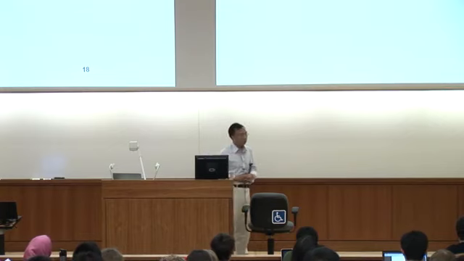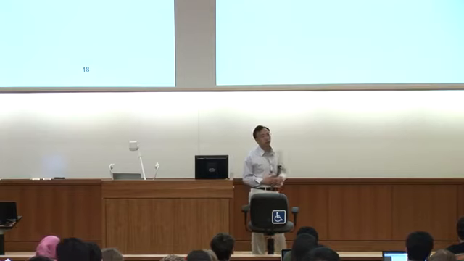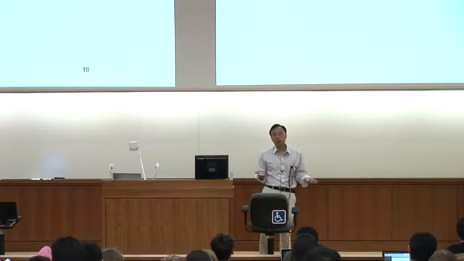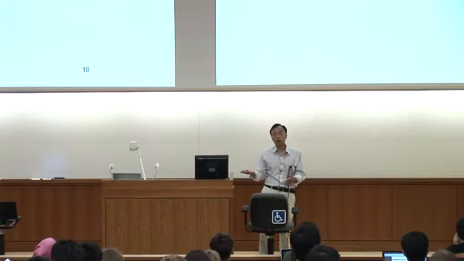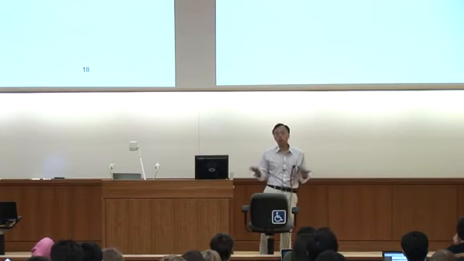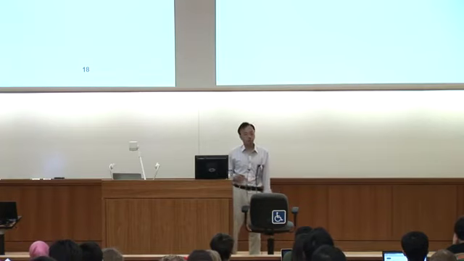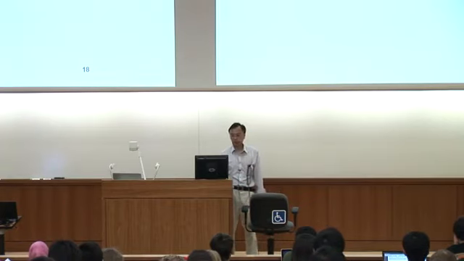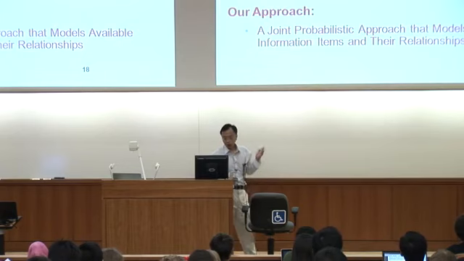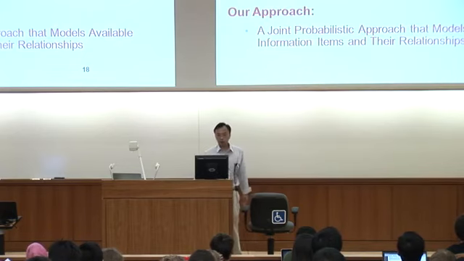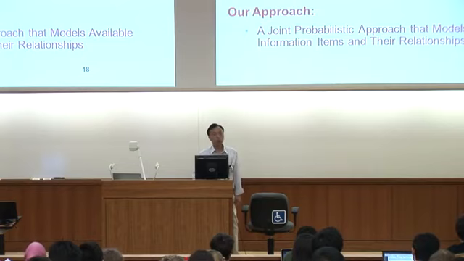And if we know some of the digital libraries have a relationship, for example, one digital library may have a lot of articles referring to the articles in another digital library, then we will be in a better position to model them in a joint way to improve the ranking accuracy. So our approach is to design a joint probabilistic approach that can model available information items as well as their relationship.